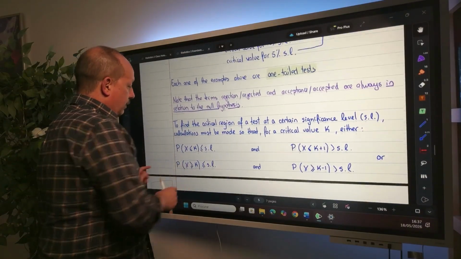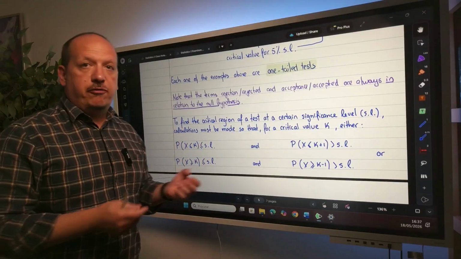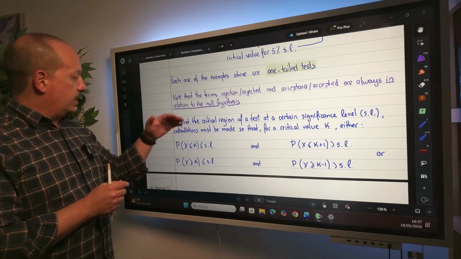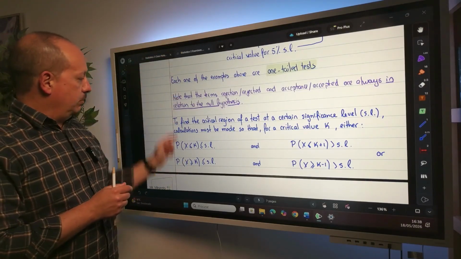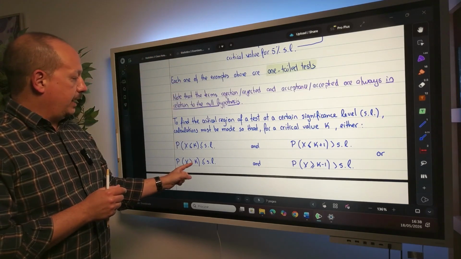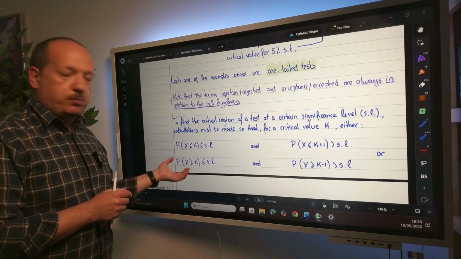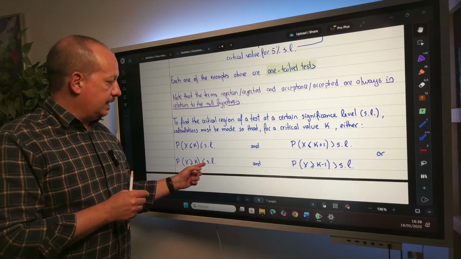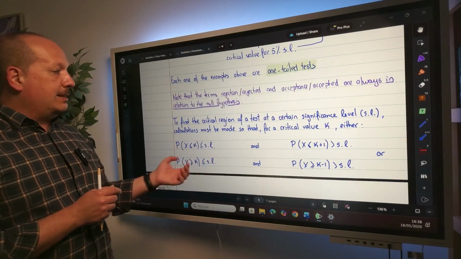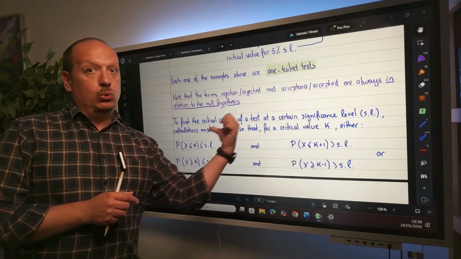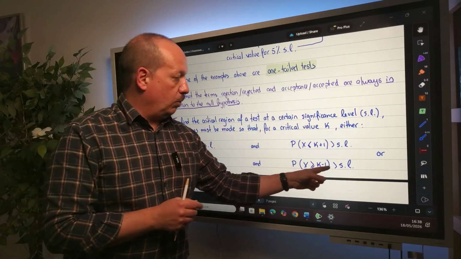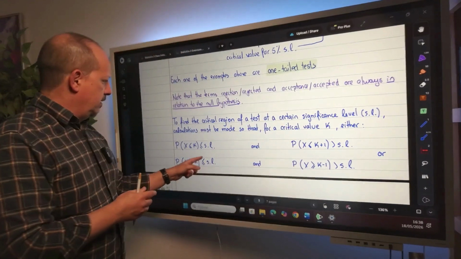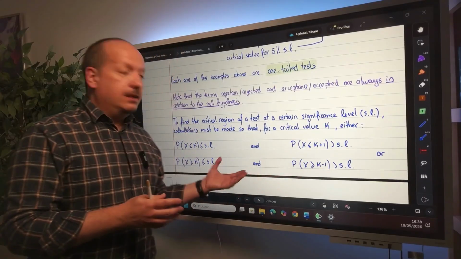So again, you make a bunch of probability calculations for x, and you start from the top down until you find the value of k for which the sum of these probabilities is smaller than or equal to the significance level of the test, and so that the next value of k as you go down, k minus 1, is already bigger than the significance level.